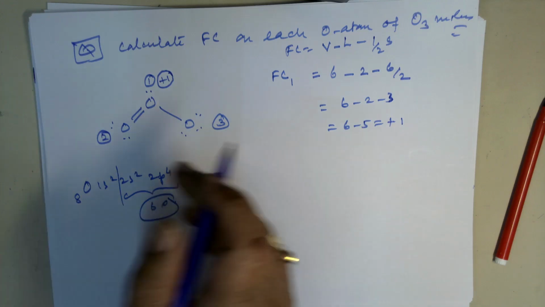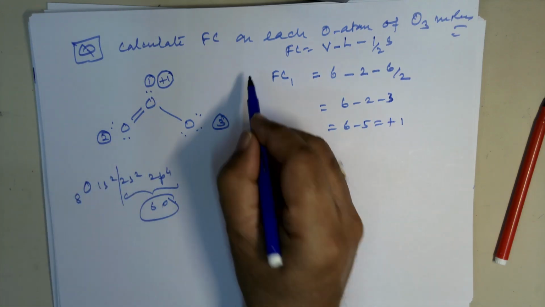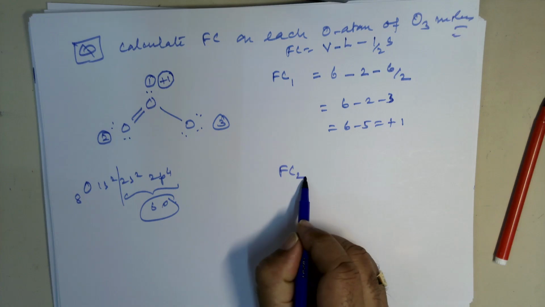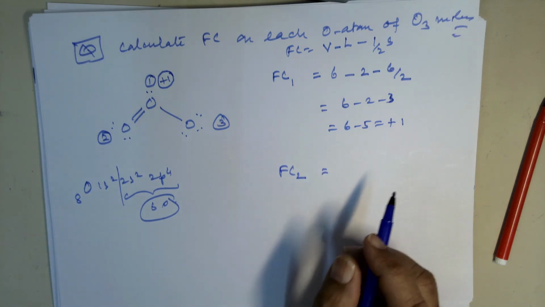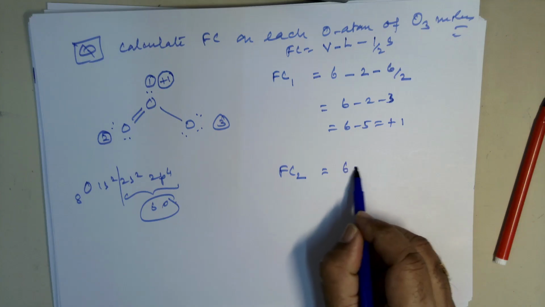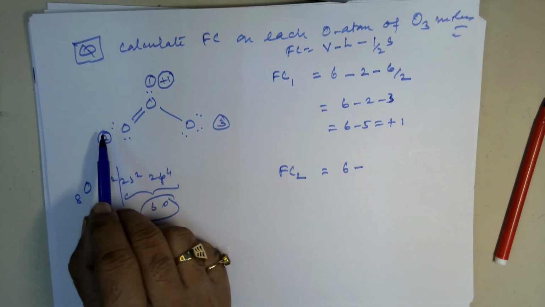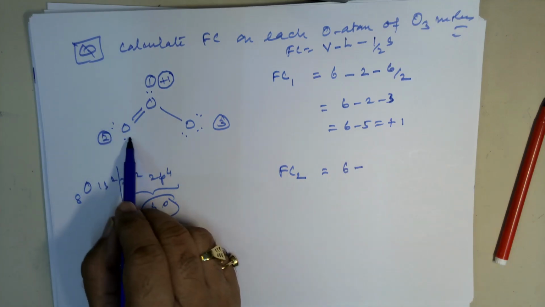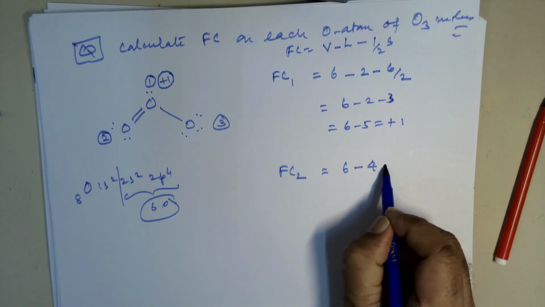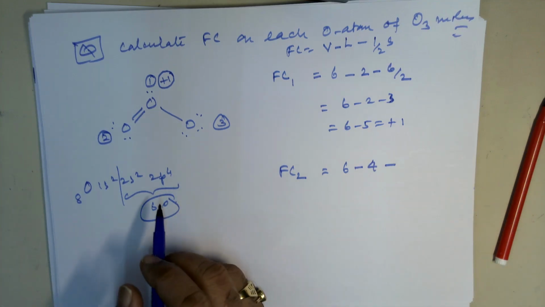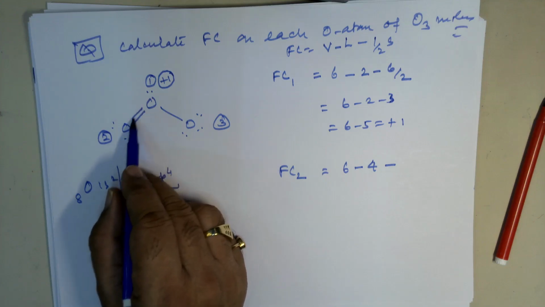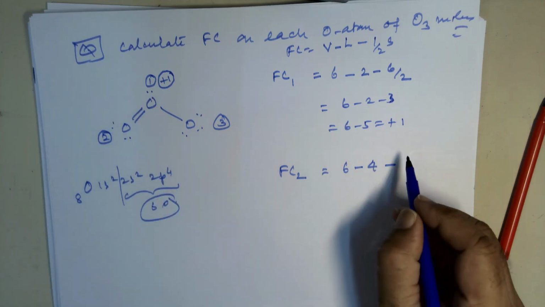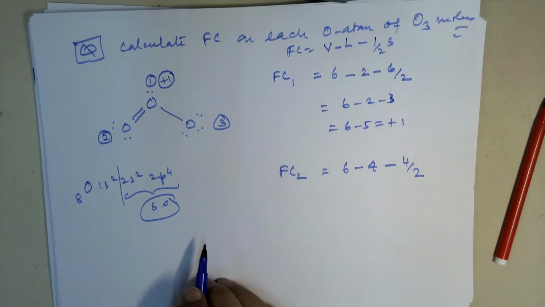Right. Then let us move to the second one. FC2. Now tell me, 6 minus 4 minus, and how many bonded electrons are there? 4 by 2.